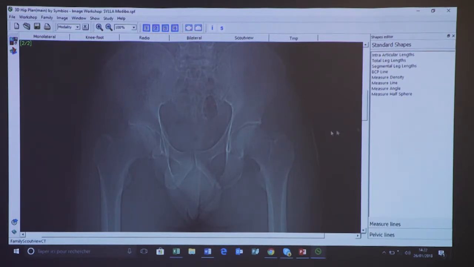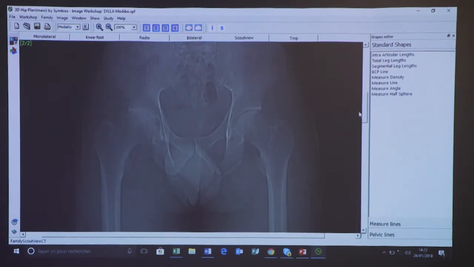For me, it was quite a standard hip. However, it looks quite bizarre, you know. It looks coxa vara. When we measure the CCD angle on the X-rays, it's not so coxa vara, but it looks coxa vara.